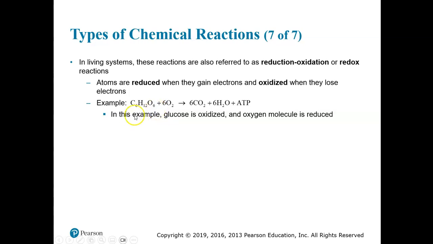This is showing glucose plus 6 molecules of oxygen react to form 6 molecules of carbon dioxide plus 6 molecules of water plus ATP. This is the chemical equation for cellular respiration, which occurs in our cells, in the mitochondria of our cells.